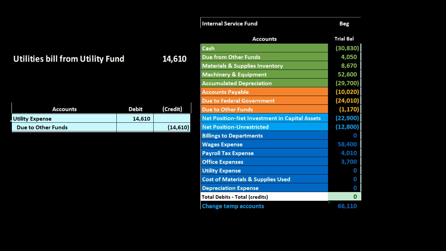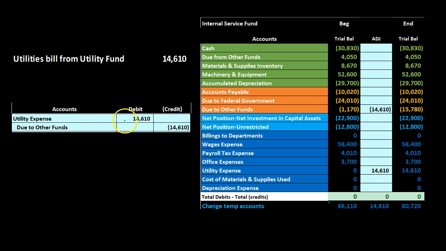But instead of crediting accounts payable as we possibly would in a for-profit organization, we're going to credit due to other funds, because the utility is another fund of the same government and therefore an intergovernmental transaction. So it'll act just like a liability would. We debit the utilities expense for the consumption of utilities, and the other side goes to due to other funds, increasing due to other funds.